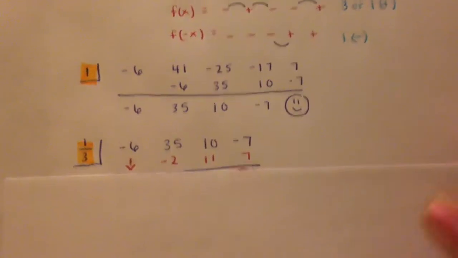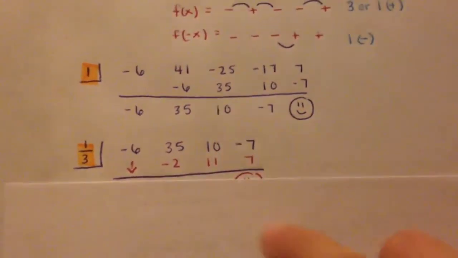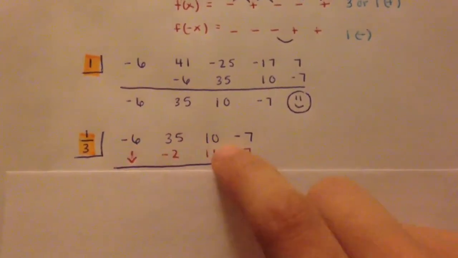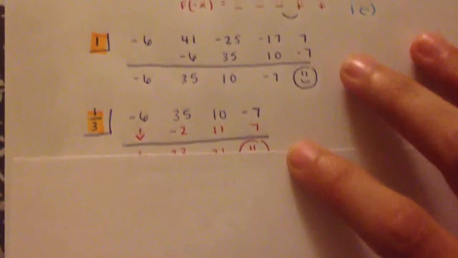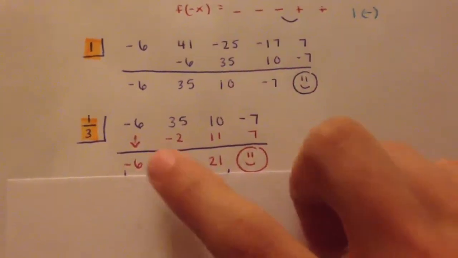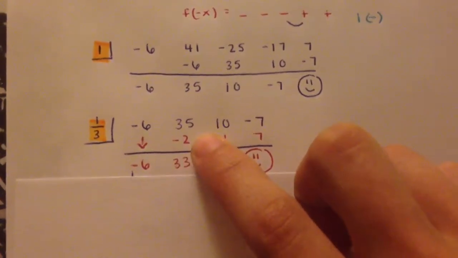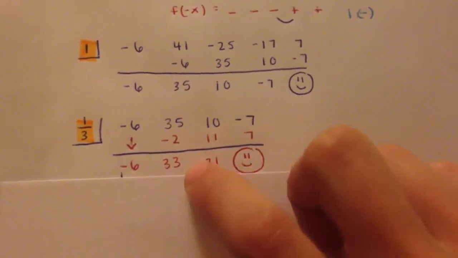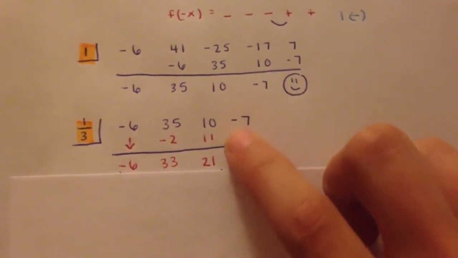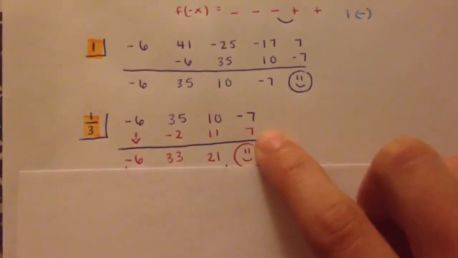We're going to use the same line and just bring it down. So we get negative 6, 35, 10, negative 7. We bring down negative 6. Negative 6 times 1/3 is negative 2. 35 plus negative 2 is 33. 33 times 1/3 is 11. 10 plus 11 is 21. 21 times 1 over 3 is 7.